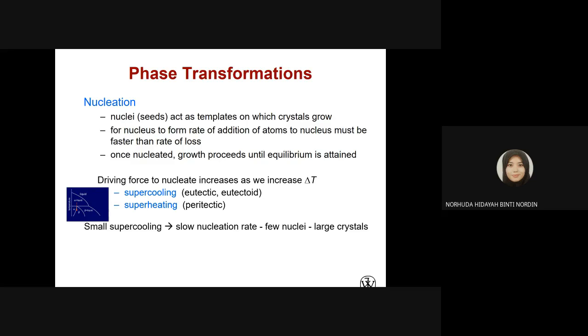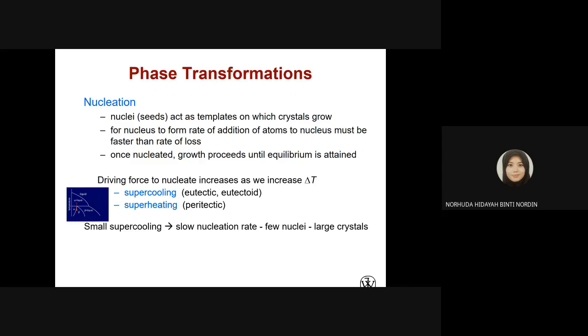Okay, supercooling happens in eutectic and eutectoid. When we want to get a eutectic or eutectoid phase, we do supercooling, which means we cool the steel very fast. If we want a peritectic phase, we do superheating. You remember what peritectic is?